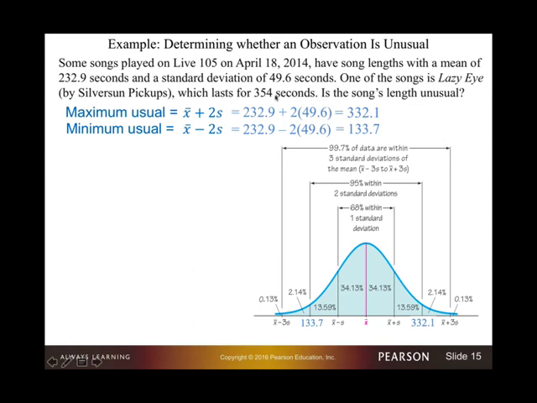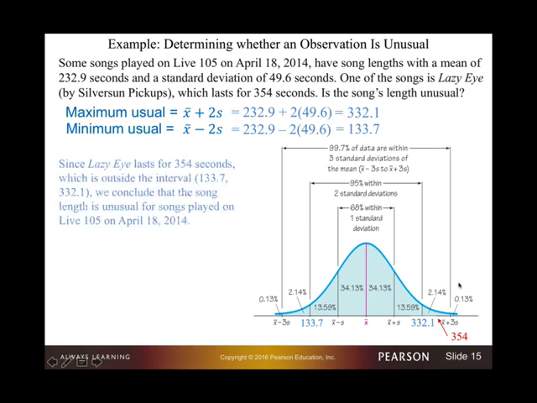Is the song's length unusual? Look at the data, 354. So 354 should be somewhere like here, right? And if the data lies outside of the maximum usual, we consider this an unusual value. Okay, we conclude that the song length is unusual for the songs played on Live 105 on this date.